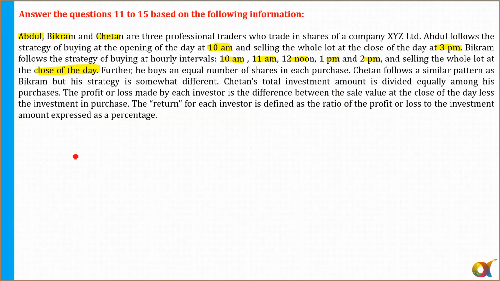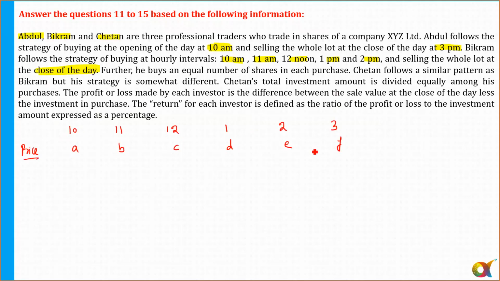I'll say starting at 10 a.m., that is 10, then 11, then 12, then 1, and then 2, and then 3. Let's say the price of the share per share at 10 a.m. is A, at 11 it is B, at 12 it is C, at 1 o'clock it is D, at 2 o'clock it is E, and at 3 o'clock it is equal to F. This is the price of this share.